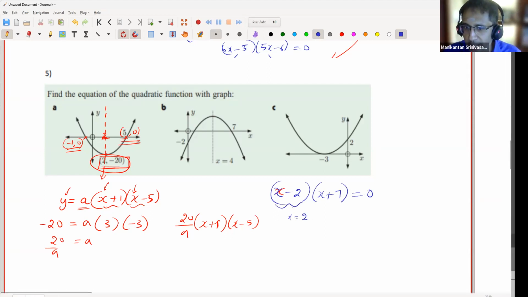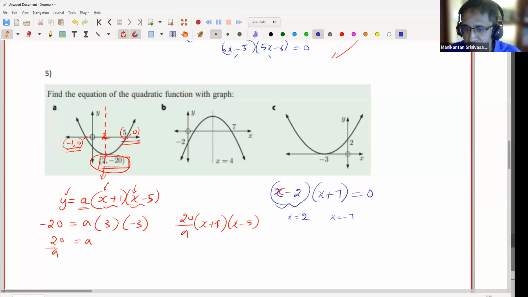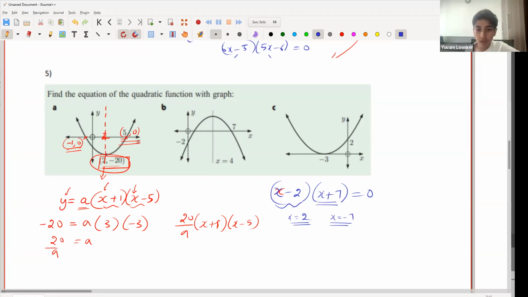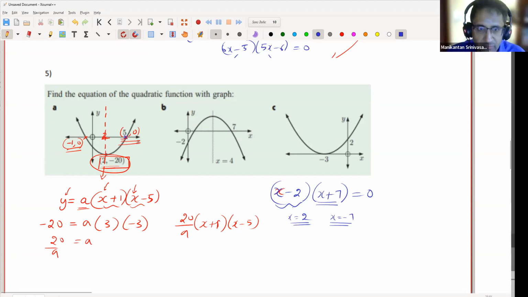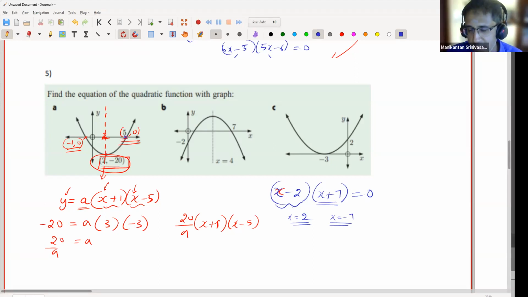X equal to 2 and x equal to minus 7 are the roots, which means if you put x equal to 2 or x equal to minus 7, that's when this equation becomes true. Correct? Exactly the same idea. So when x equal to 5, this becomes true, which means this passes through 5, 0, which means x minus 5 has to be a factor of the quadratic function. Yeah.